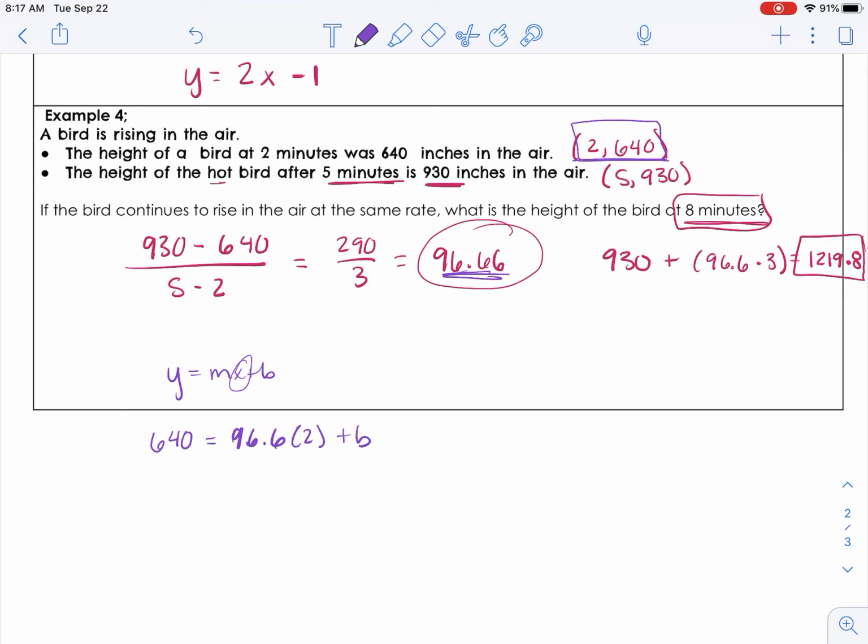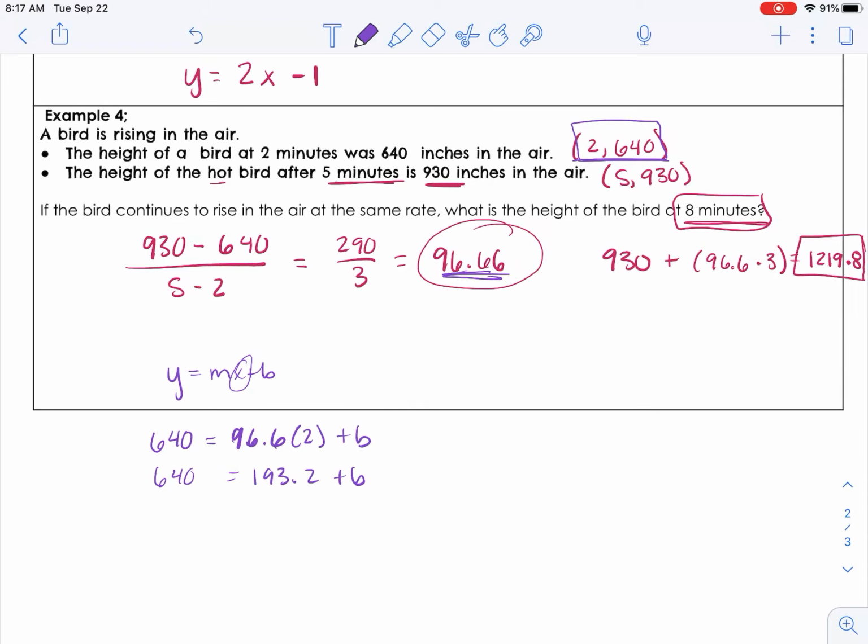So if I do that and solve, I'm going to multiply 96.6 times 2, and I get 193.2 plus b equals 640.